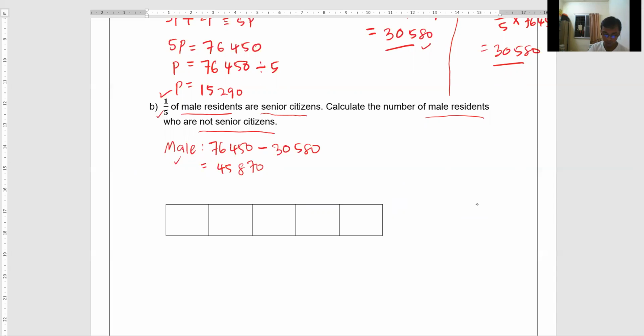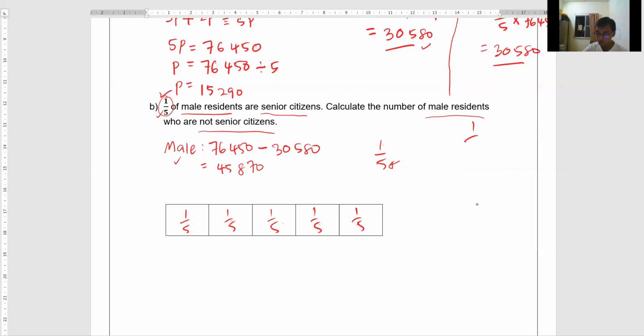There are five boxes: 1, 2, 3, 4, and 5. Why did I put five? Because when you look at the fraction here, it says 1/5. It means from 5, they take one portion. So you must write 1/5, 1/5, 1/5, 1/5, 1/5. In each box you must write 1/5.